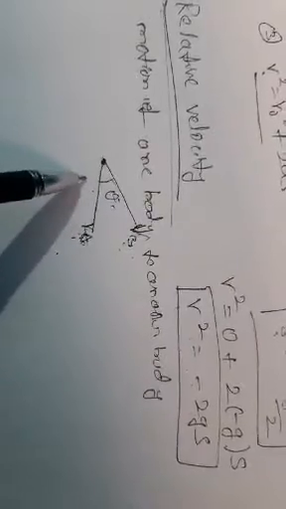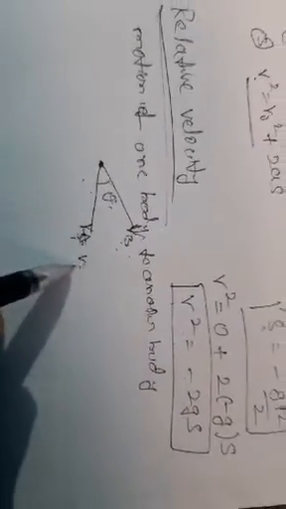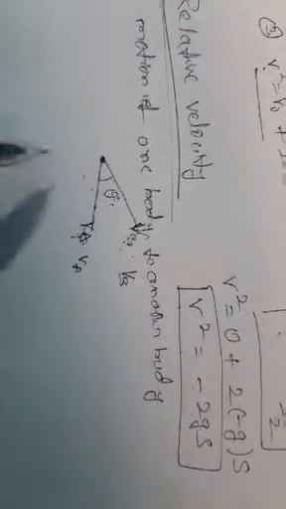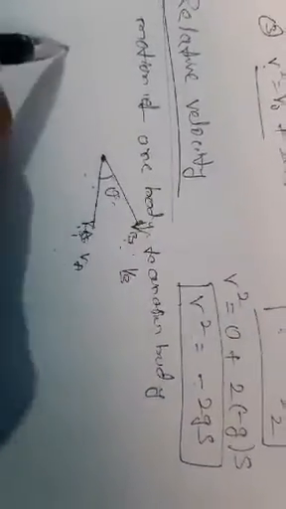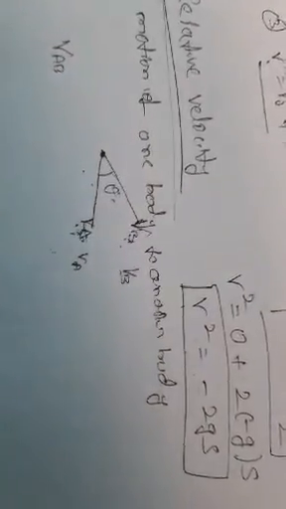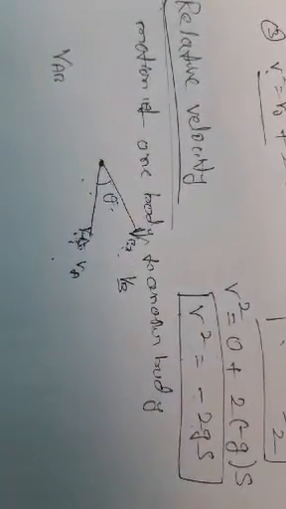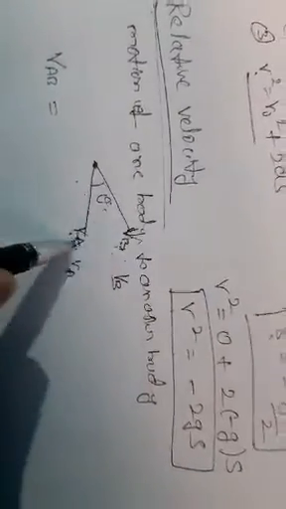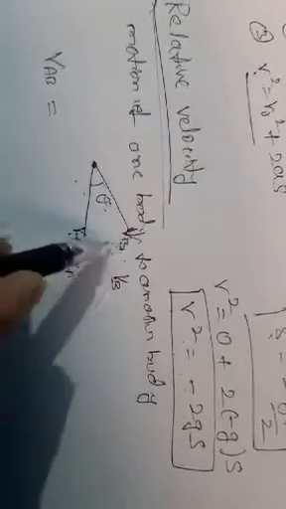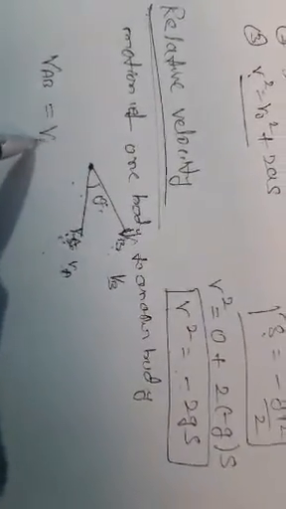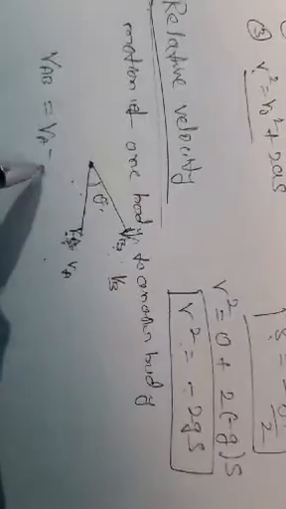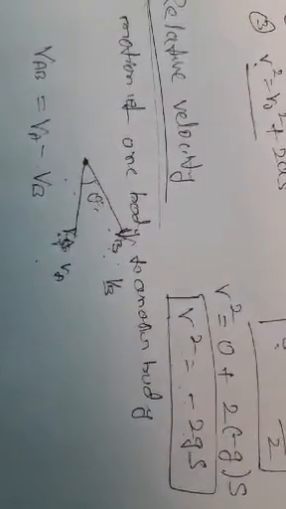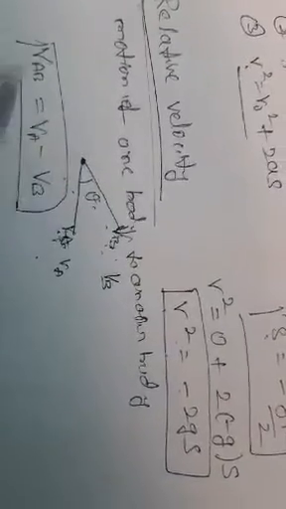The velocity of the first particle is VA, and the velocity of the second particle is VB. The relative velocity of the two particles is VAB. VAB is equal to the difference between these two velocities, VA minus VB. That is called the relative velocity.